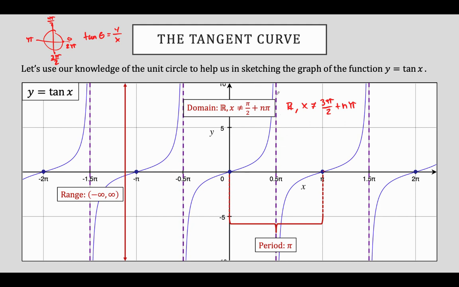I will always pick either a vertical asymptote that lands on the y-axis, that would be 0, or I pick the very first positive vertical asymptote. Okay, so yes, this is not an incorrect answer, but my preference would be the one that I have written out. X does not equal pi over 2 plus n pi.